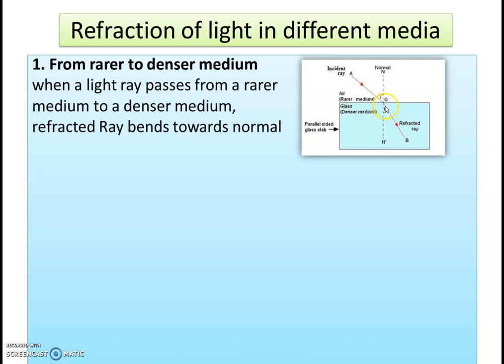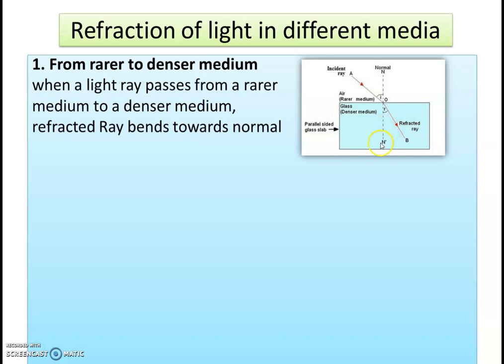But the refracted ray bends towards the normal. This happens when the light ray is going from a rarer medium to a denser medium.